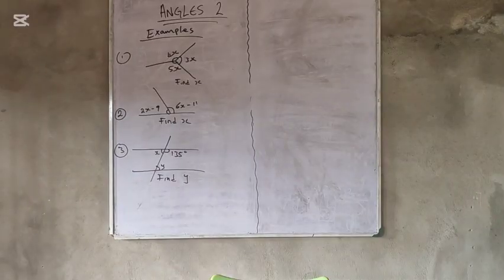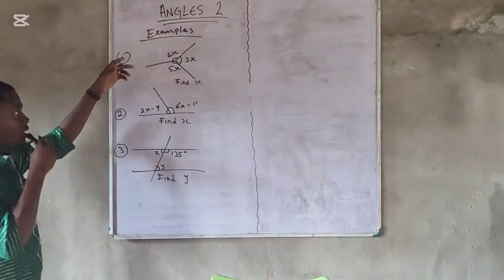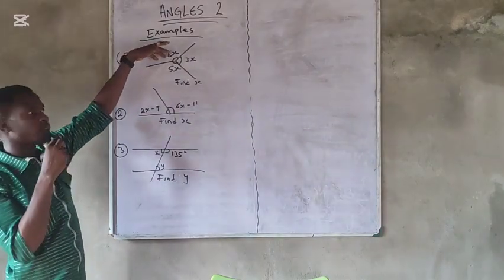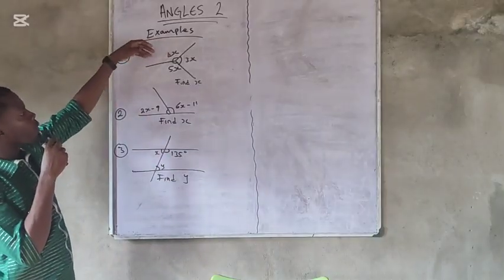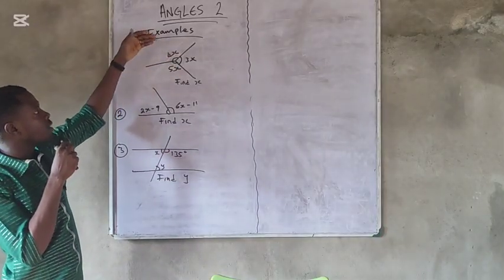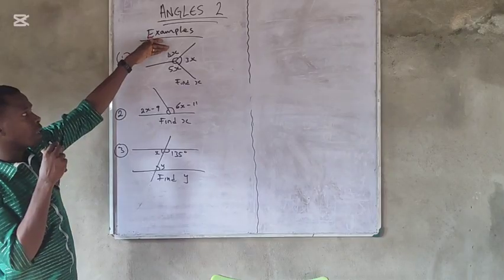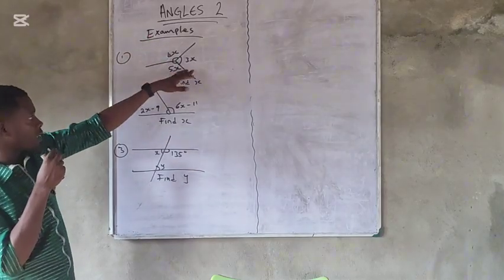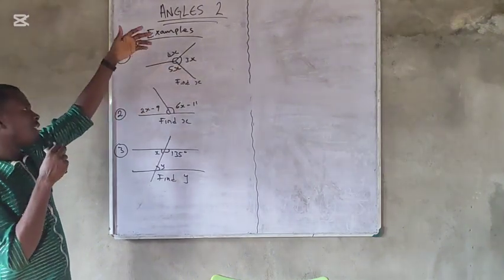Alright, now we have a couple of examples to solve on the board. The first one says, in this figure, where we have angles at a point, first side is 4x, second side is 5x, and we have 3x here. Find the value of x.